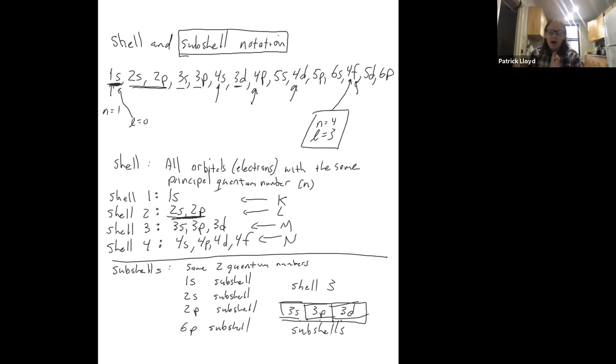All right. So next I want to talk about the third quantum number. Again, this one has different names. I'm going to call it the magnetic quantum number.